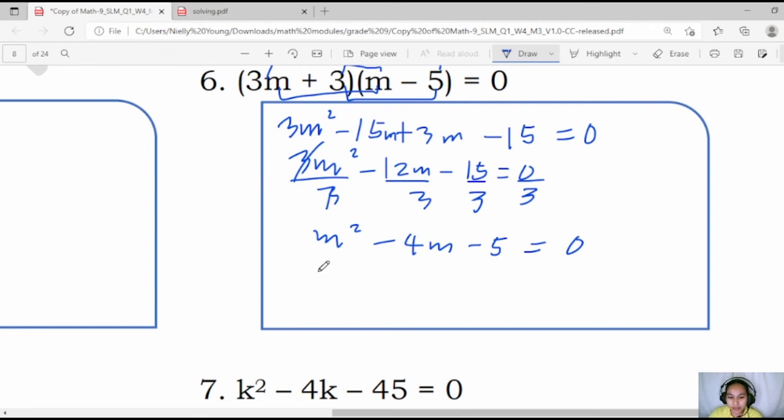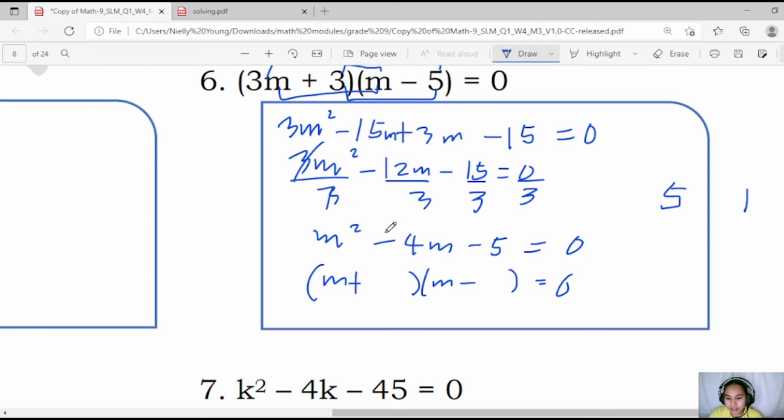Yes. And then factor out m squared minus 4m minus 5 is equal to 0. Since this is a negative sign, we expect that the two signs are different. Okay, so the factors of 5 are 5 and 1.